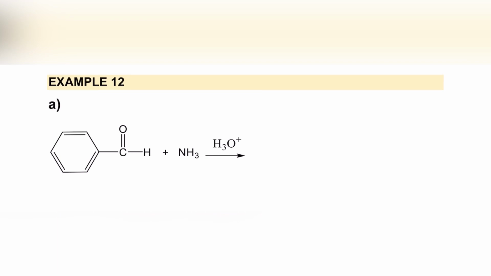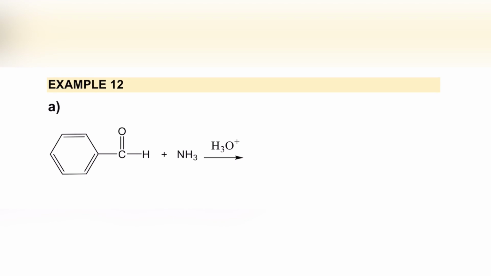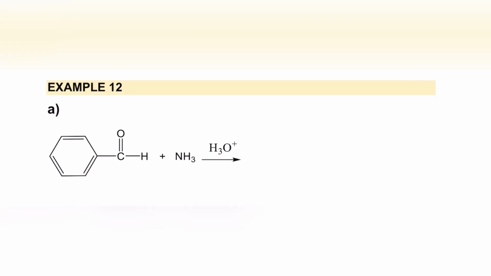So we got a few examples here. I'm going to try A. What we have here is benzaldehyde reacts with ammonia, undergo hydrolysis. Don't forget, this is our extra reagent. You can also use H+, it is also acceptable. And then what I have here, I'm going to condense my reagents from ammonia.